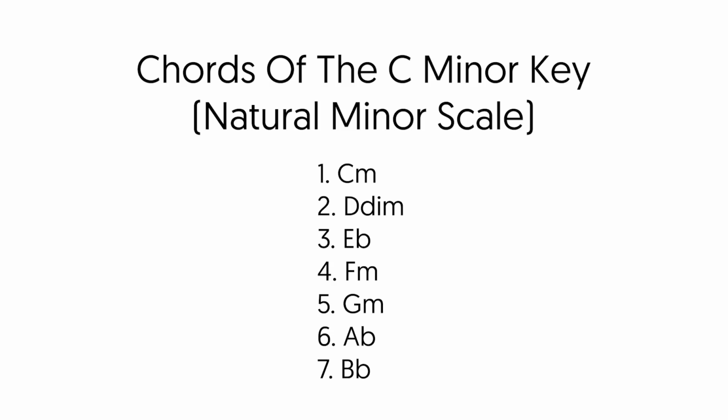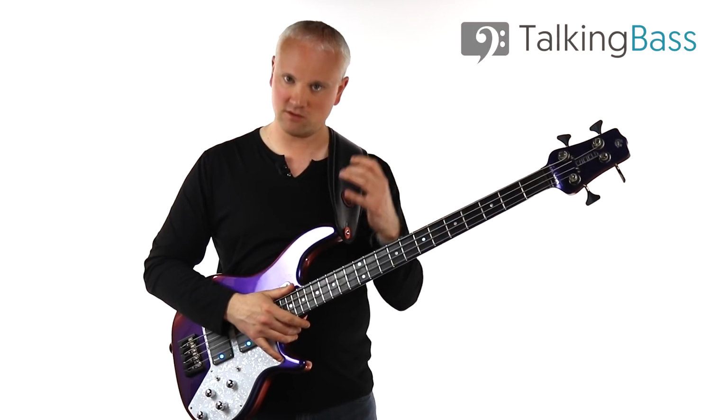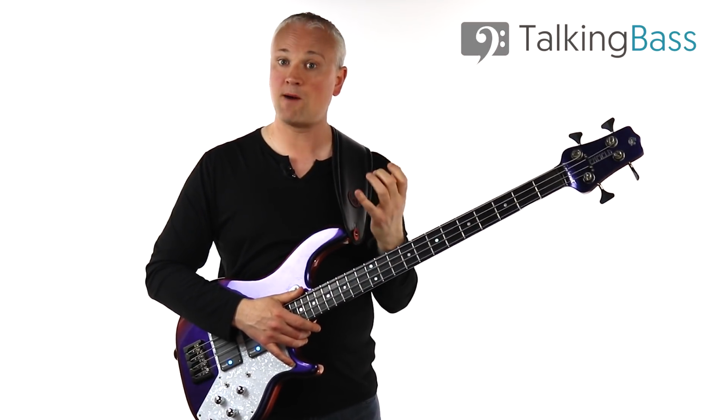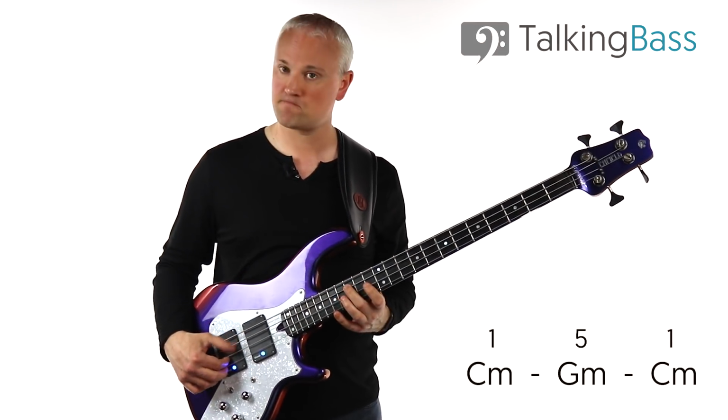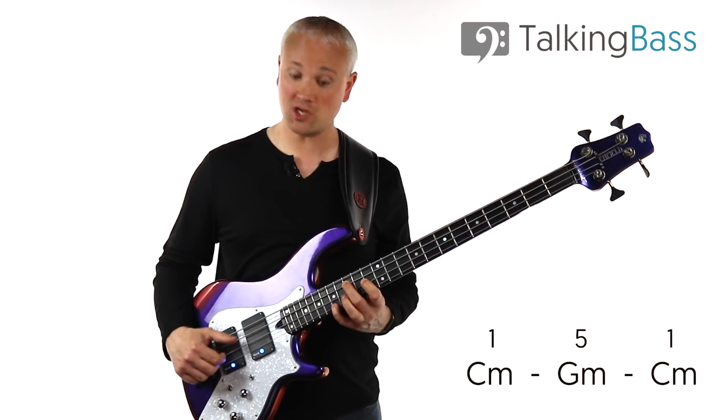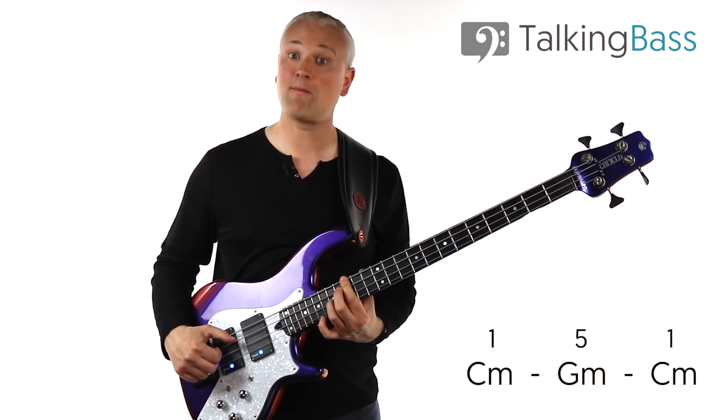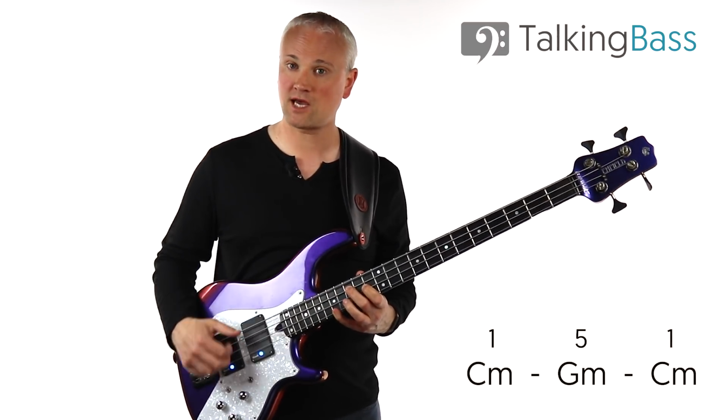So in the key of C minor, we would have C minor as chord 1, and then chord 5 is G minor. So let's have a look at what happens when we use that exact same chord progression, 1, 5, 1, and we use a minor chord for our G. So here we are again, we've got C minor to G minor and back to C minor, okay?